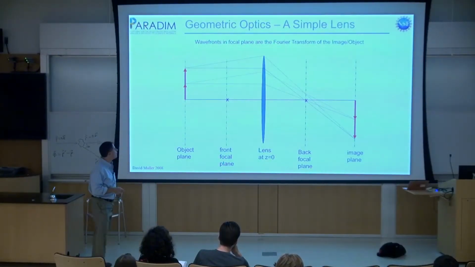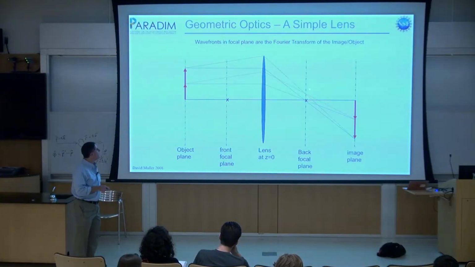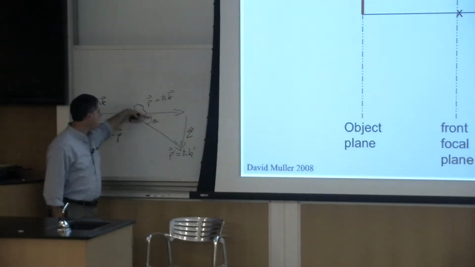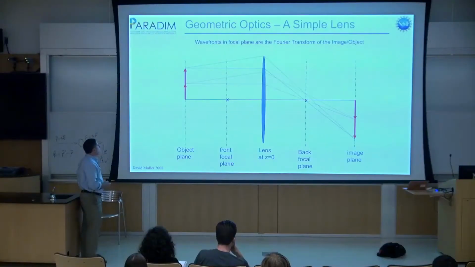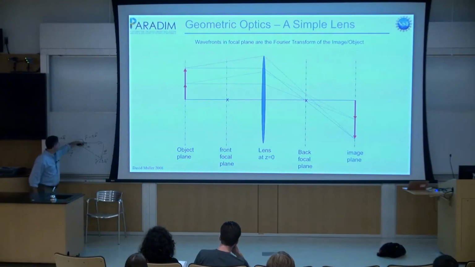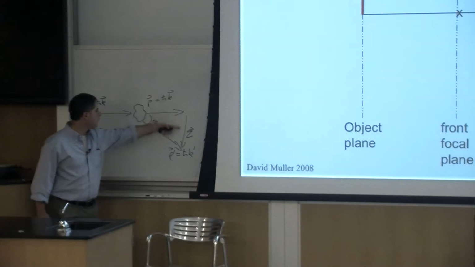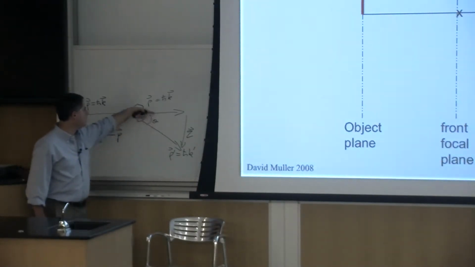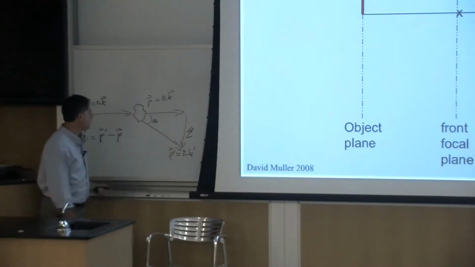So the beautiful thing about the back focal plane is it separates things out by angle, and because of this triangle over here, the angle is related to Q. We have this nice relationship in this little triangle that this vector Q is related to the angle, just because it's a triangle and you know what the angles inside a triangle are.